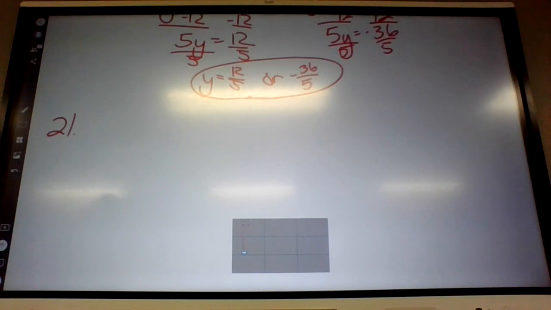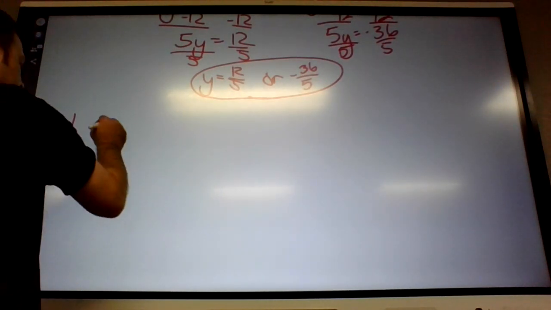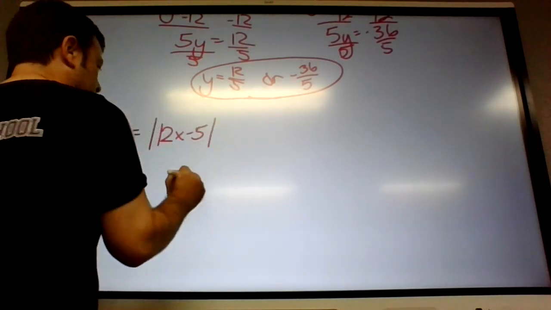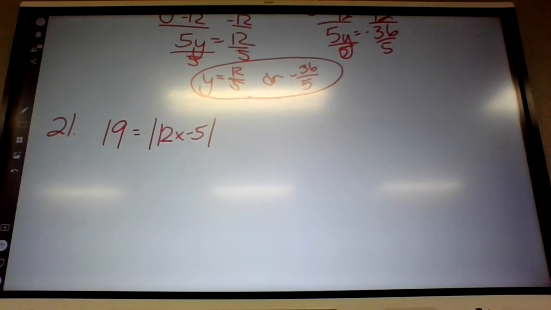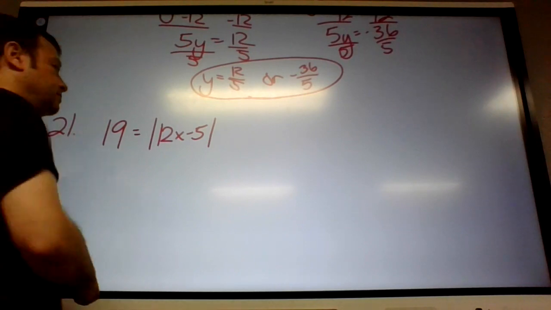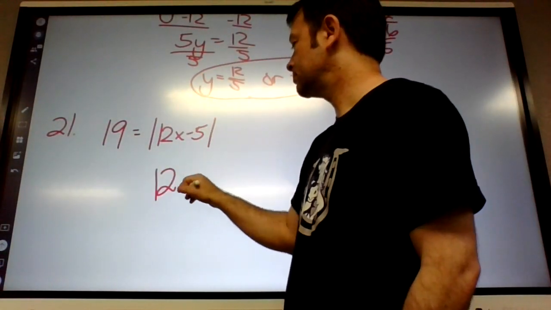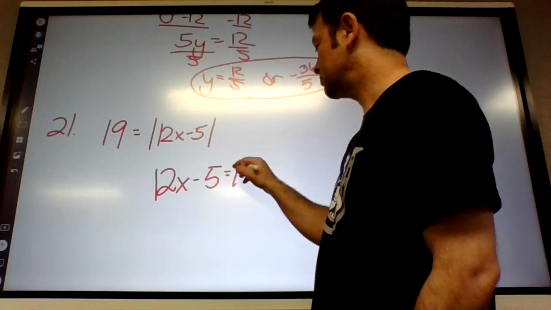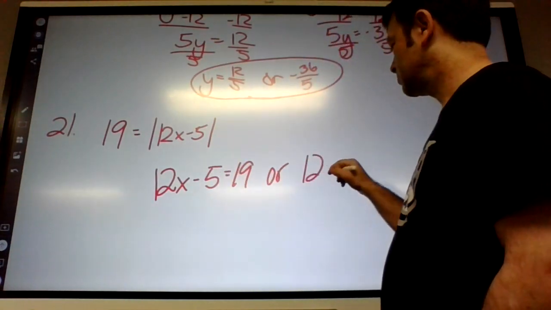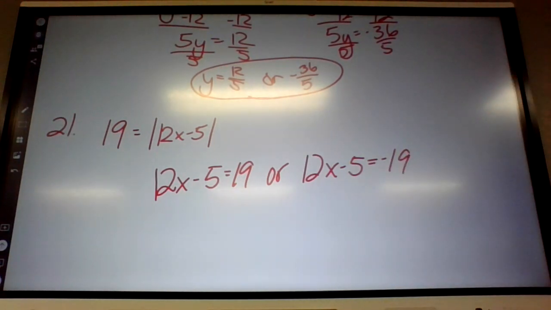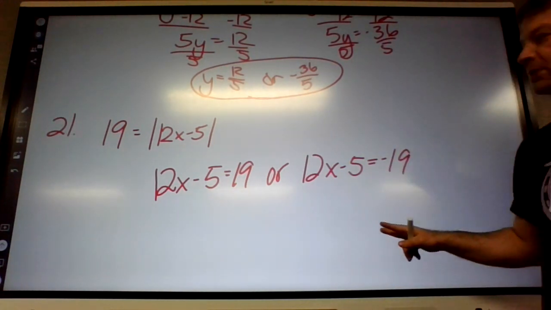21. 19 equals 12x minus 5. Hannah, what should we do? 12x minus 5 equals 19, or 12x minus 5 equals negative 19. Yep. It's written backwards, but you do the same thing.